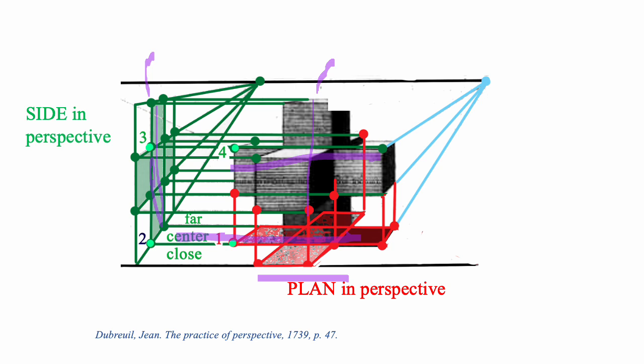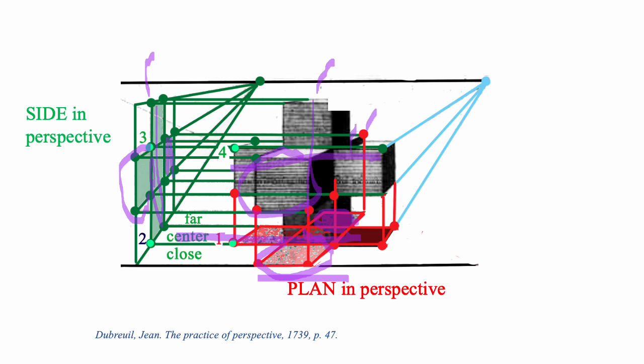Now, the front of this converging box is seen in the plan view in front here and in the side view over here. And the back of the box, which we can barely see, is represented by the plan view in the back here and the side view right in here.